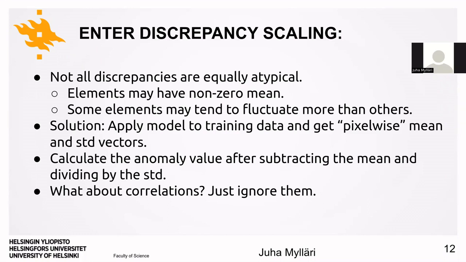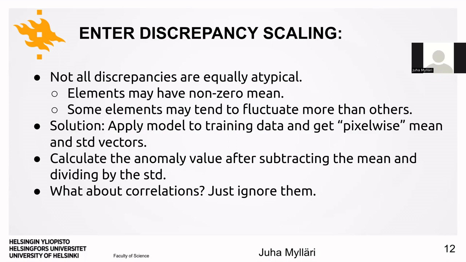Well, fortunately, we do have normal data, that is the training data. So we can do something that's certainly better than nothing. Namely, we can just simply apply the model to our training data and calculate element-wise means and element-wise standard deviations. Then in model inference, when we calculate the anomaly values, we're going to subtract the means element-wise and divide by the standard deviations element-wise. And that's all there is to it.